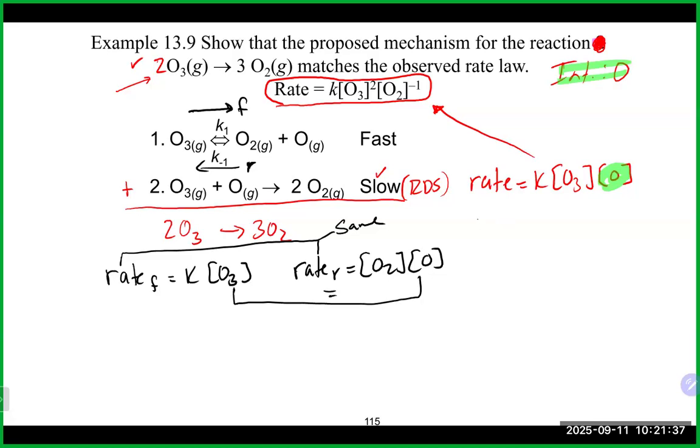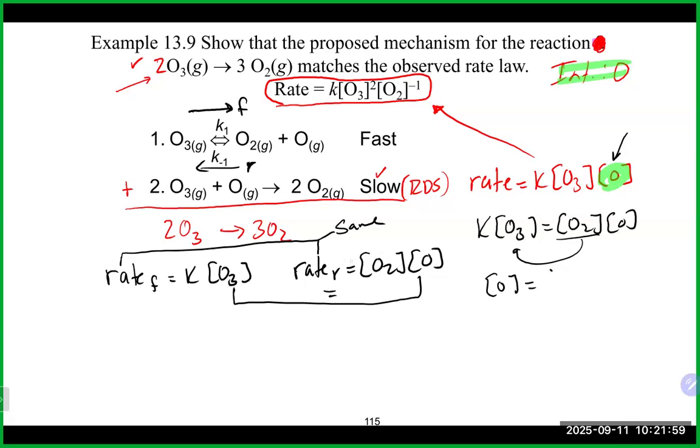If we do that, that's going to give us K O3 is equal to K to the -1 O2 O. Again, remember that we really want to get rid of the O and substitute out for it. So in this case, we're going to divide to the other side. That will give us that the concentration of O is equal to K O3 divided by K to the -1 O2.